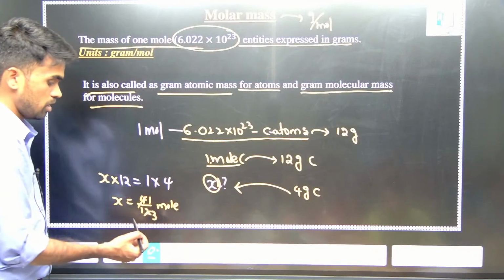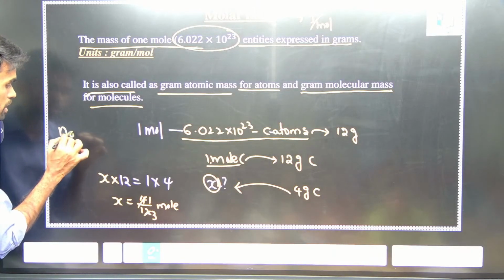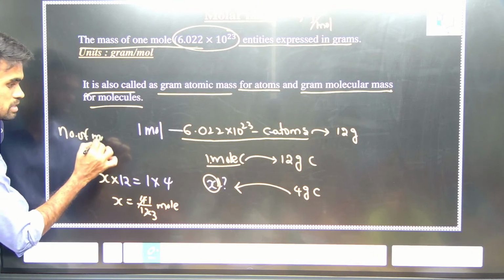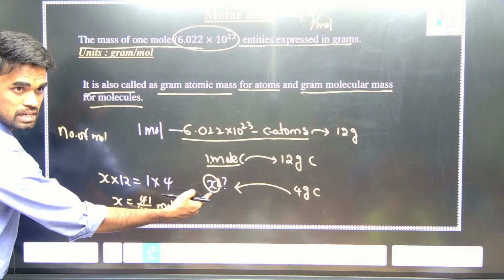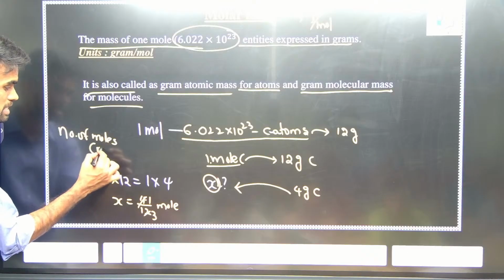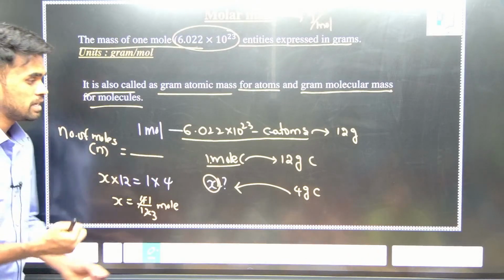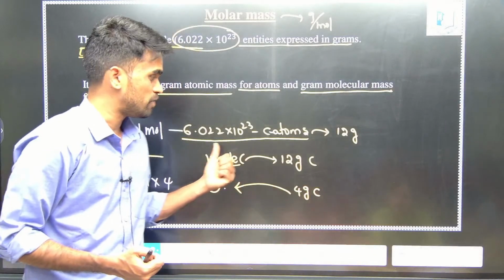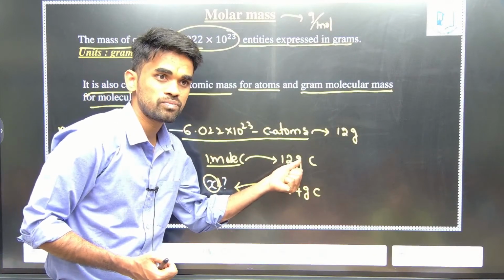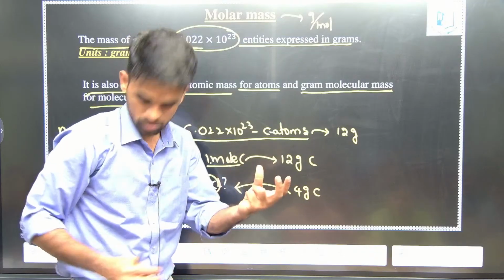In order to calculate the number of moles, what is the formula? Number of moles, let us indicate with the symbol N, equals: initially when I say 1 mole, what is its mass? 12. This is fixed. Now what did I give you? 4 grams.